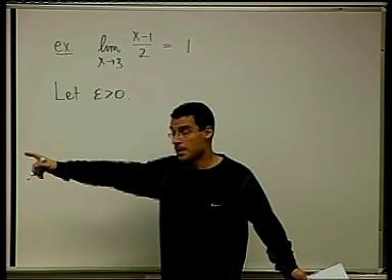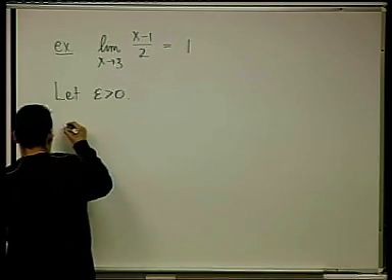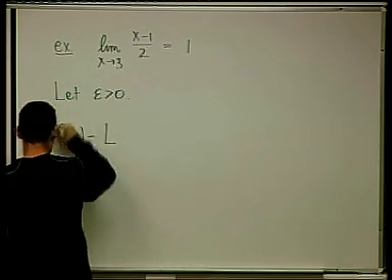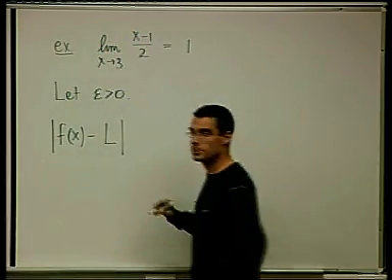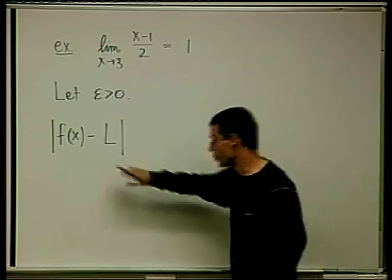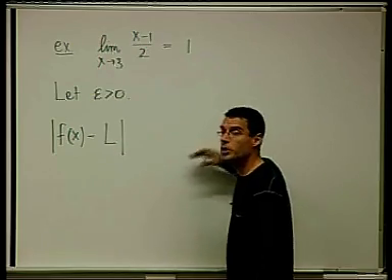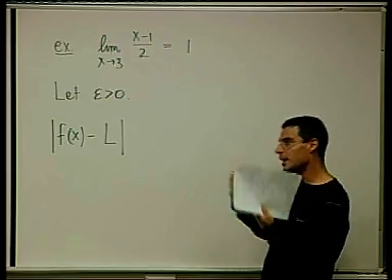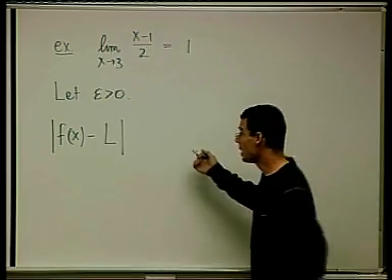And now, what do I want to show? I want to show that the absolute value of f of x minus L is less than epsilon. My way of facing the challenge is to write what this is, start working with it, and I'm going to see how to proceed. It's going to kind of appear. So let's write it.